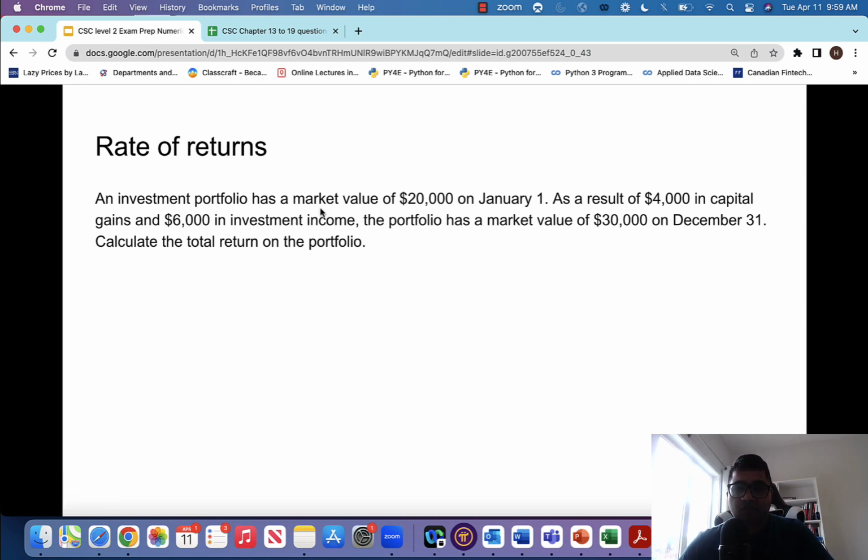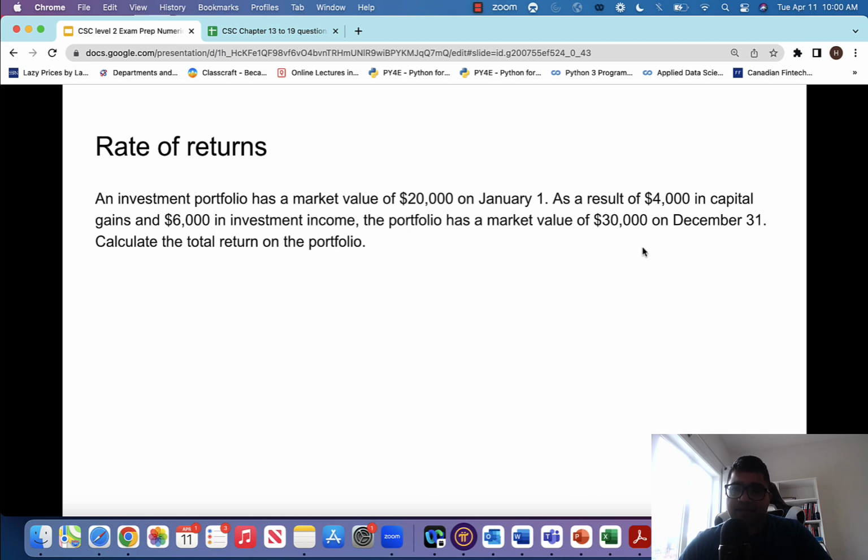An investment portfolio has a market value of $20,000 as of January 1. As a result of $4,000 in capital gains and $6,000 in investment income, the portfolio has a market value of $30,000. Calculate the total returns on the portfolio. So total returns are always the capital gains plus investment income, right?